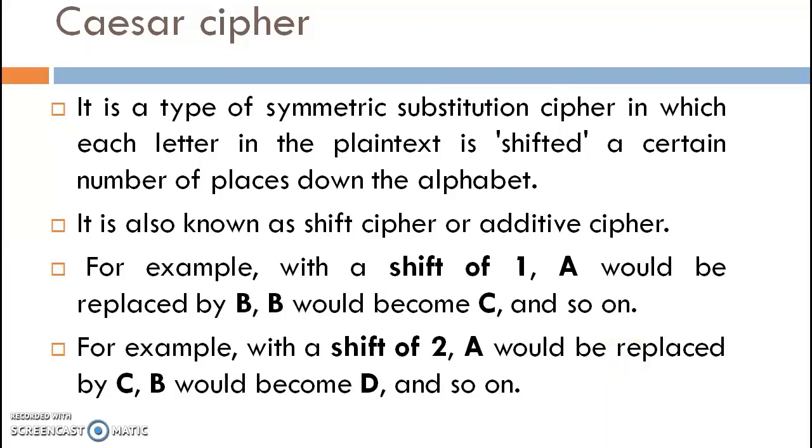For example, with a shift of 1, A would be replaced by B, then B would be replaced by C and so on. With a shift of 2, A would be replaced by C, B would be replaced by D and so on. So it's also known as a shift cipher or a kind of additive cipher.